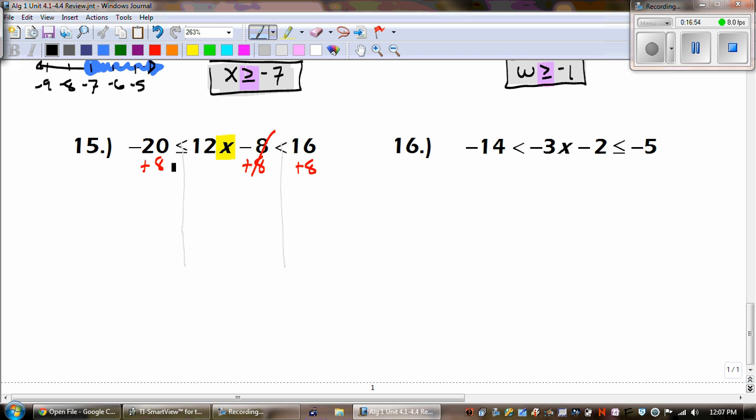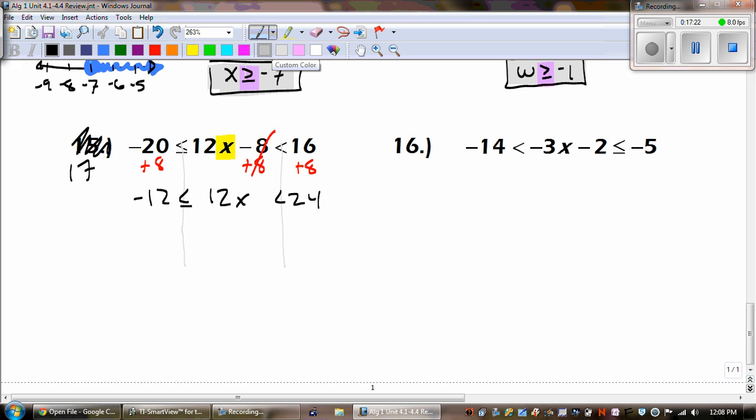So negative 20 plus 8. Guys, I think this is real quick. This is your 17, okay? So we're adding 8 to both sides, and we get negative 12 is less than or equal to 12x, which is less than 24.